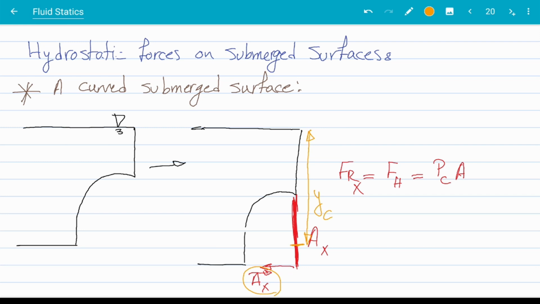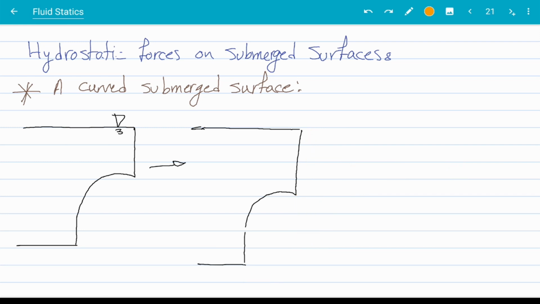Let's see what we can do for the vertical component of the total force. So finding the y component of the total force is a bit more tricky. Let's start with an area element like this. This is the dA, right? We are interested in the projection of this dA on the y-axis. So I'm actually looking for the force acting on dAy.